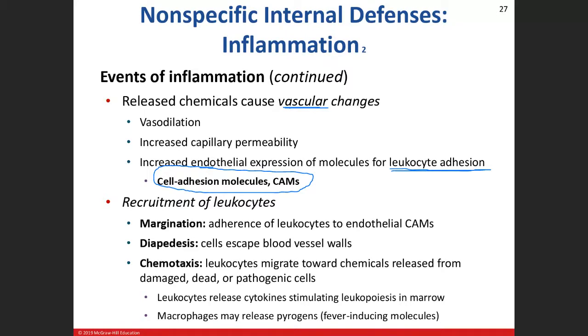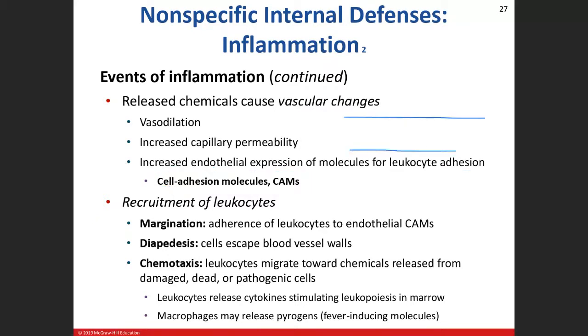So we're going to talk about these three terms here: margination, one of my favorite words to say, diapedesis, and chemotaxis. Okay, so here's our blood vessel.